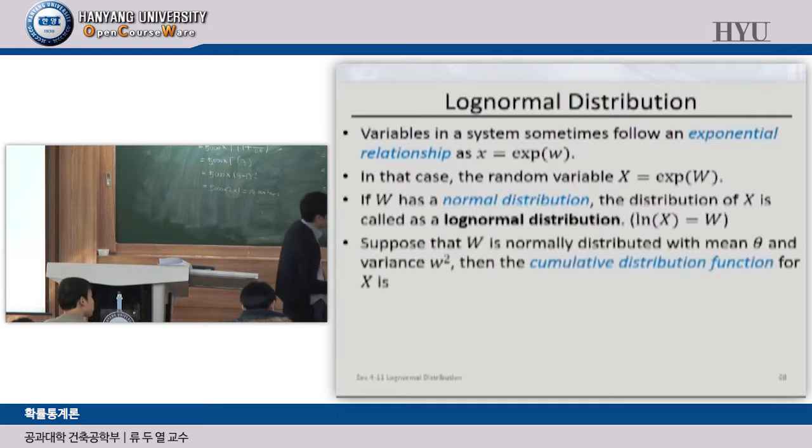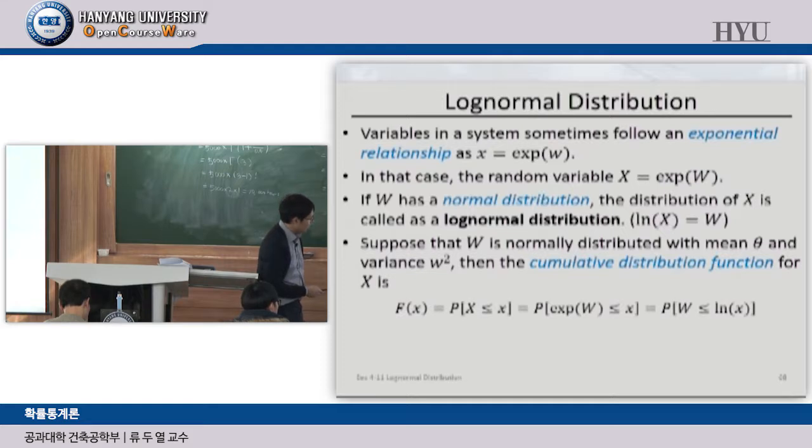And suppose that W is normally distributed with mean theta and variance w square, then the cumulative distribution function for X is shown here. The cumulative distribution function of X is equal to the probability of X being smaller than or equal to small x, right? We already learned about this. And this should be equal to the probability of exponential W being smaller than or equal to small x, right?